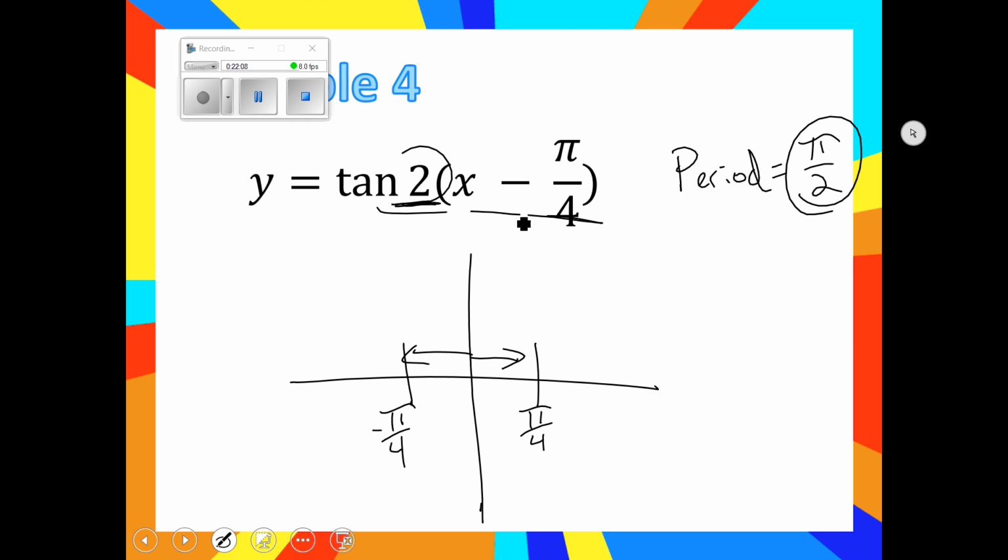But this makes a phase shift, positive pi over 4. So really, I normally start at 0 for my center, but if I shift it to the right, pi over 4, where would that first point be? Or the center point? It's going to be at pi over 4. It normally is at 0, but then I'm going to shift it to the right. So it's going to be at pi over 4.